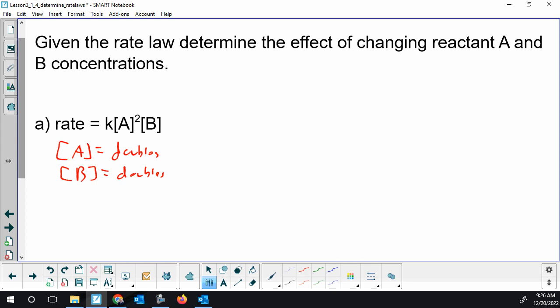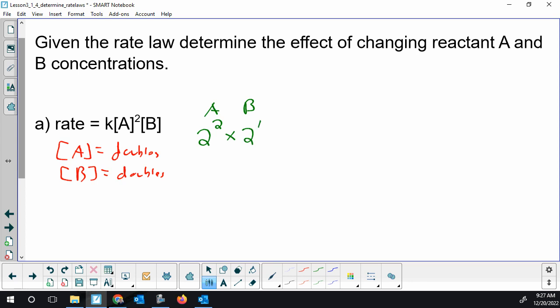So what is the effect of doubling A? We've got A and B to factor in. If A is doubled, the concentration factor would be doubled, but then it's second order, so we'd have to square that effect. So it's going to have 4 times effect on the rate. And we're going to have to multiply that by what we're doing to B. B is doubled, but it's first order.